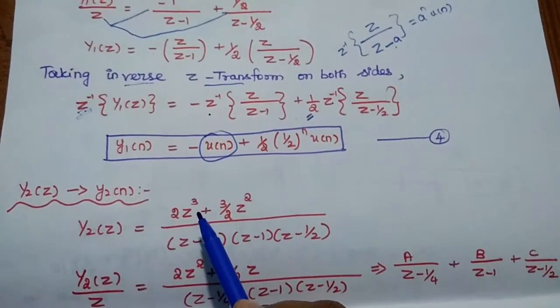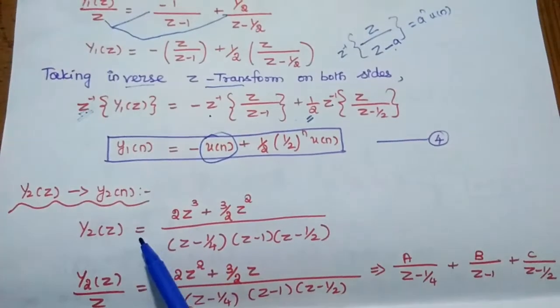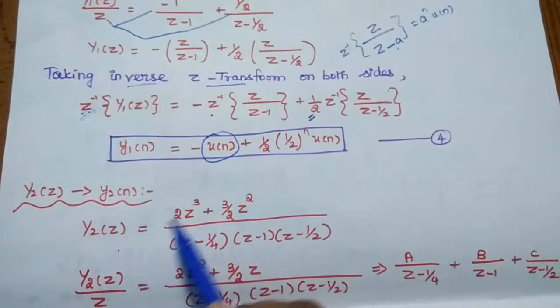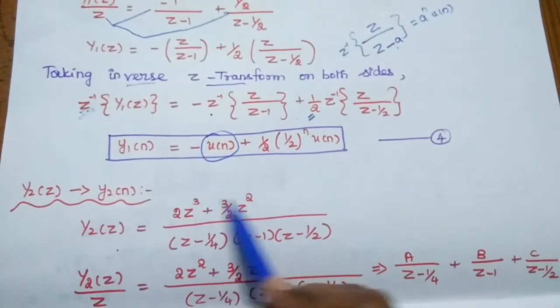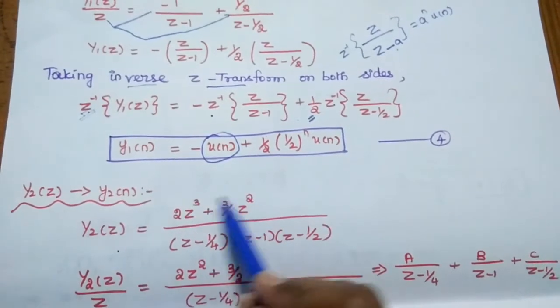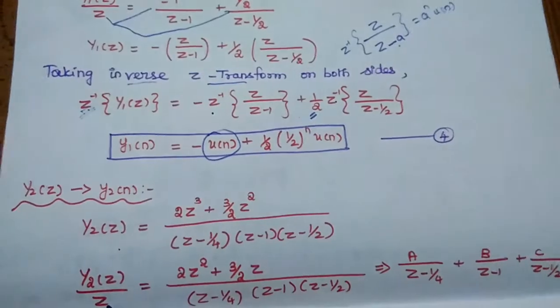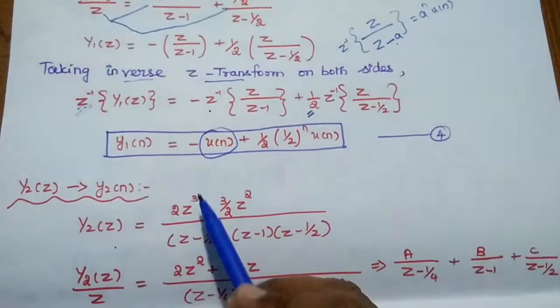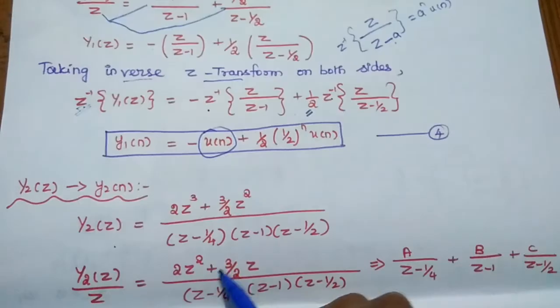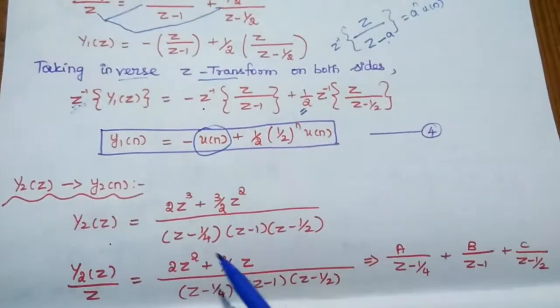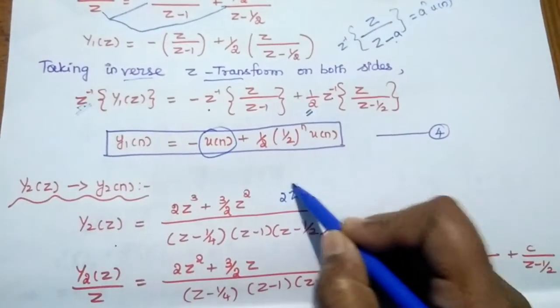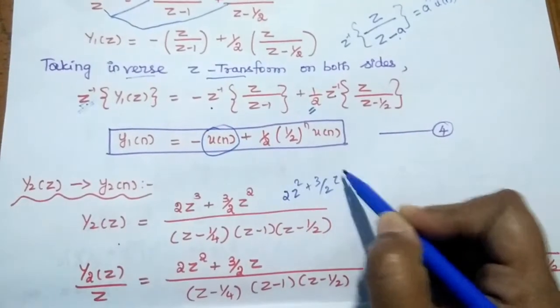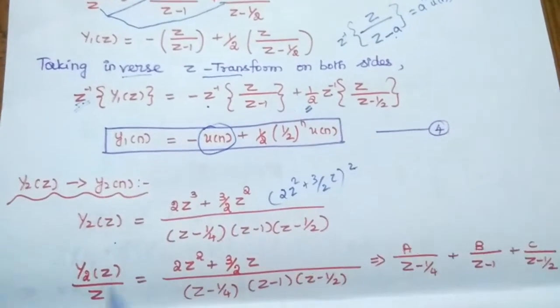From this we take one z to the left hand side. Z is common for both the terms, so one z from these two terms we can take outside. So y2 of z divided by z is equal to 2z squared plus 3/2 z, because this term can be written like this, into z, and this z goes to that side.